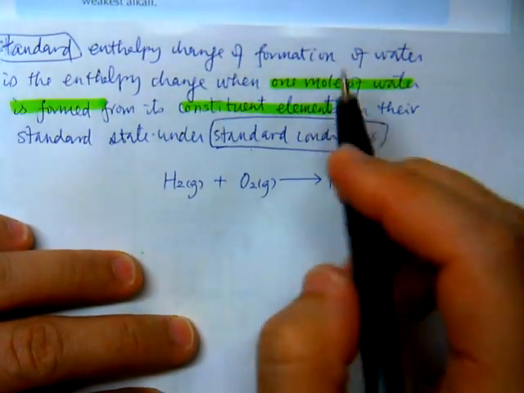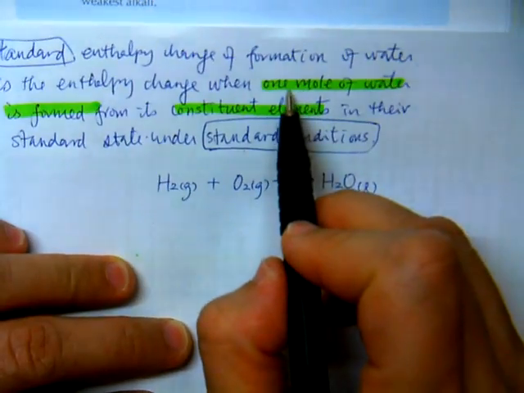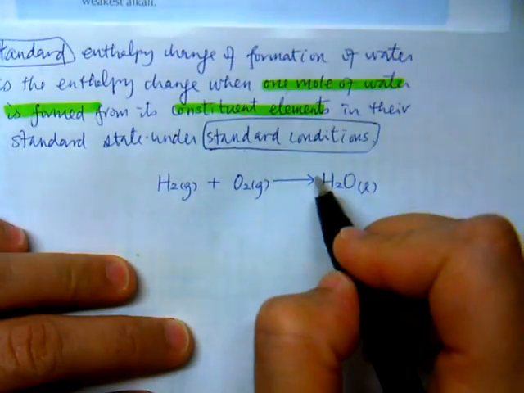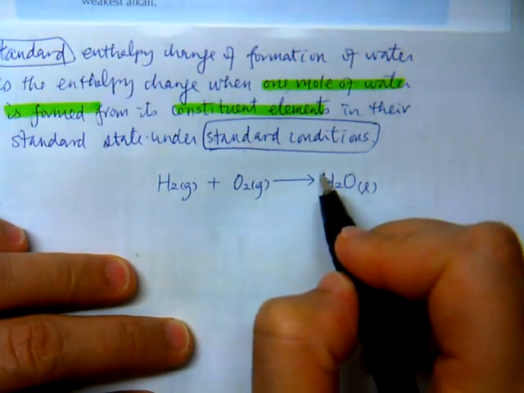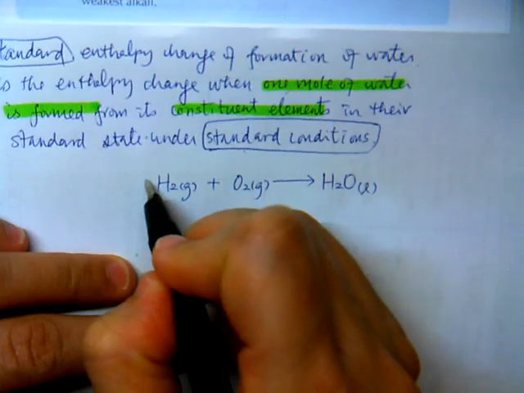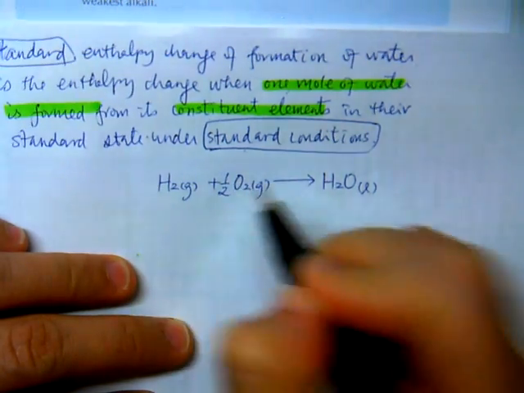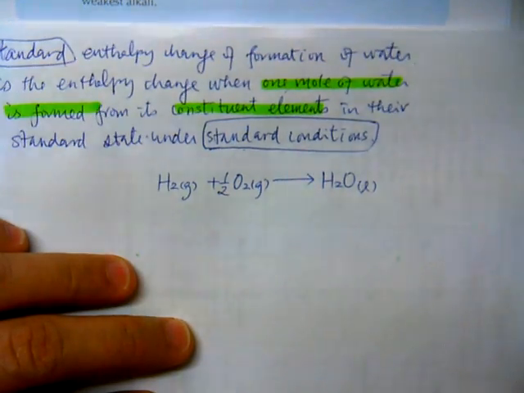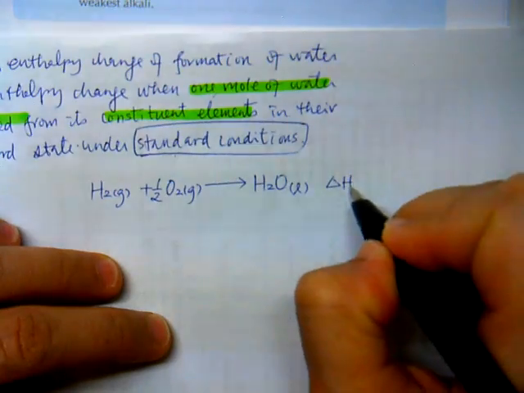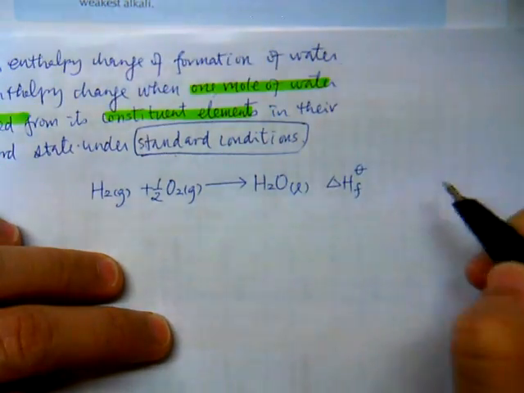Next, balance the equation. Refer to the definition. 1 mole of water. So please don't change the number before water. Keep it as 1. Then 1 H2 and half O2. Do you understand? It is the definition of the standard enthalpy change of formation of water.